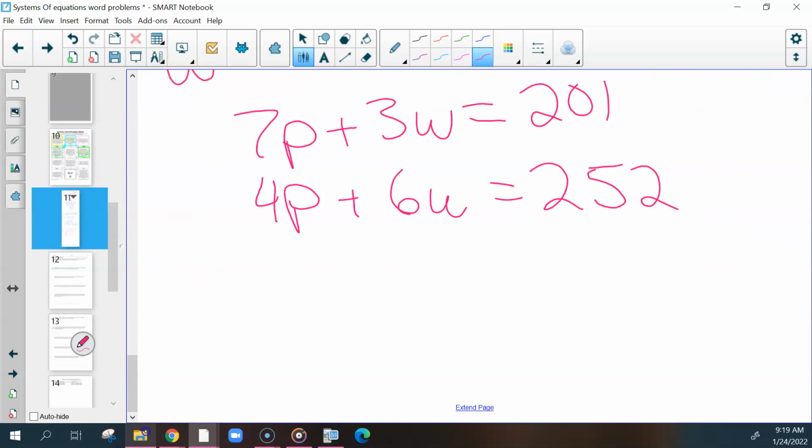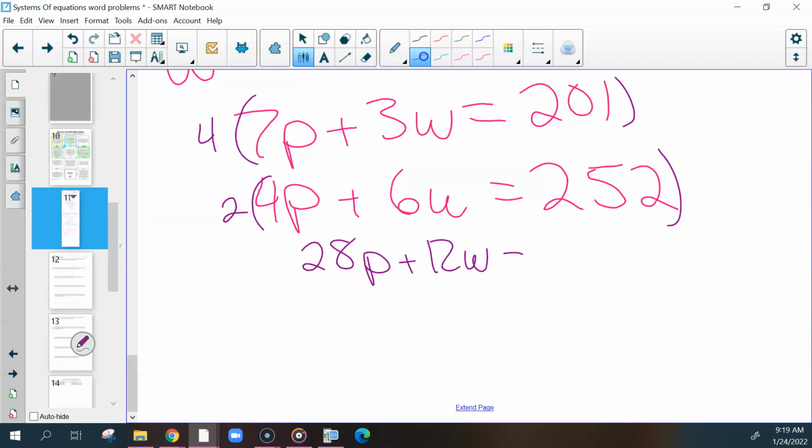We are looking for the cost of a poinsettia, right? So we're going to get rid of W so that we end up with P. We need to think of a number that both of these go into. 12. So we would multiply the first by 4 and the second by 2. We have 28P plus 12W equals 804.